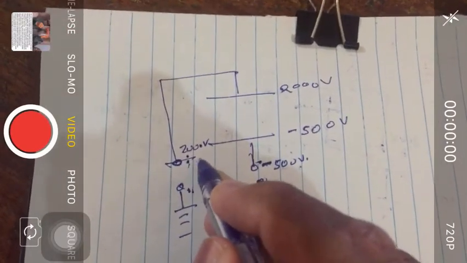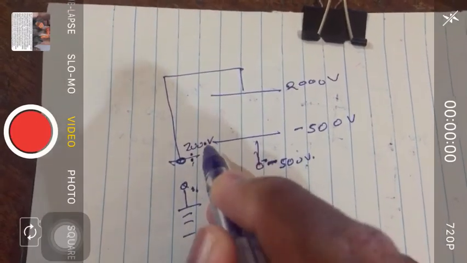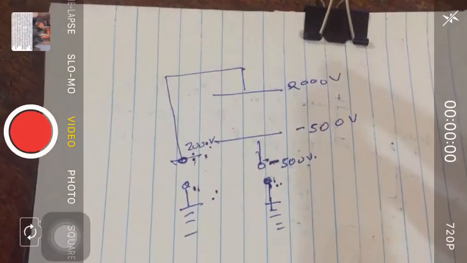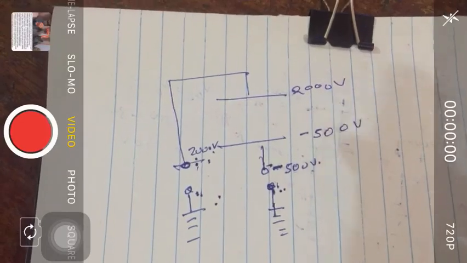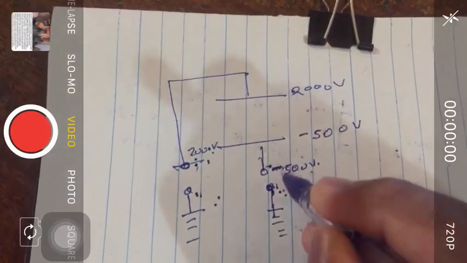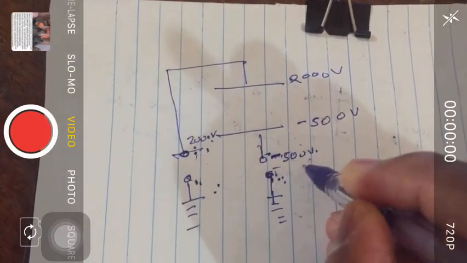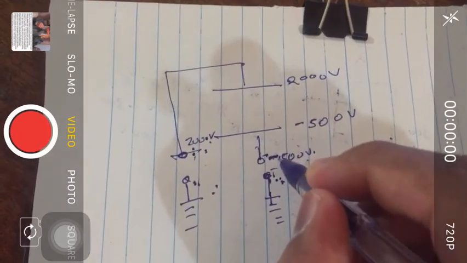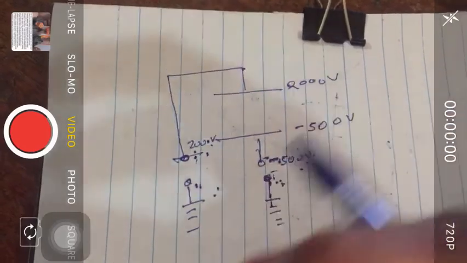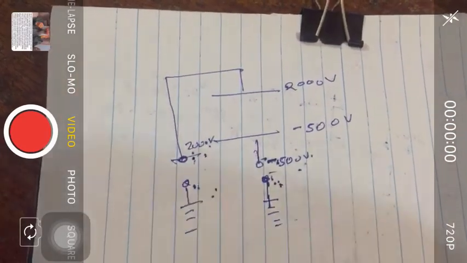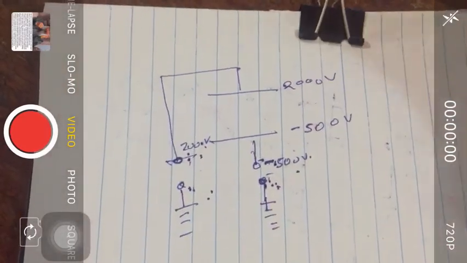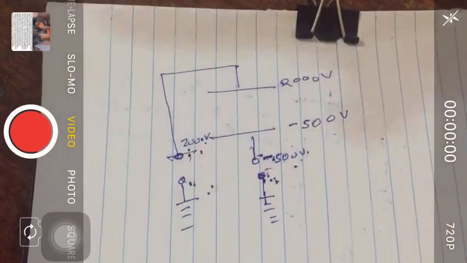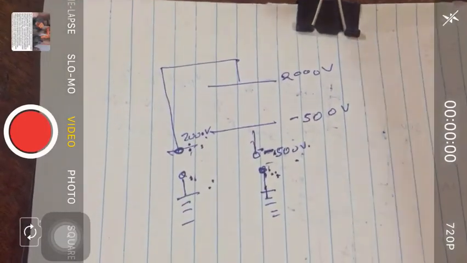So when you say it goes from here to here and the potential difference is minus 500, that means the charge doesn't need 500 joules, it can give out 500 joules.